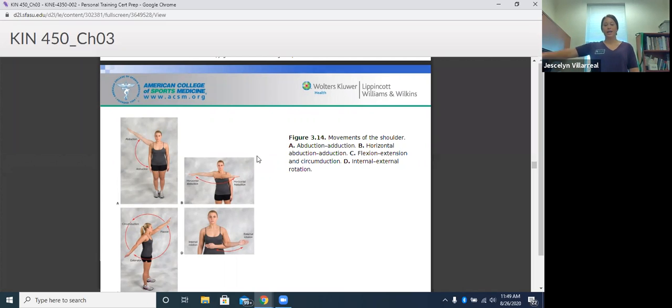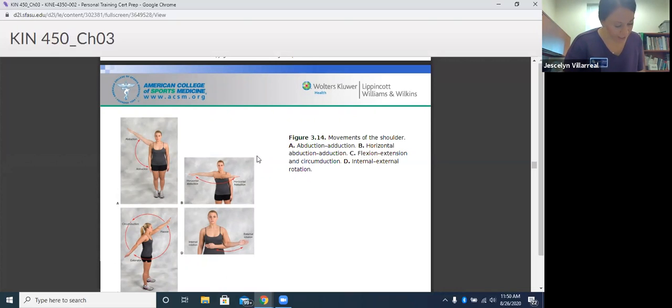Practice with me. From here, we can go into horizontal abduction and adduction: adduction, close to the midline, or abduction.